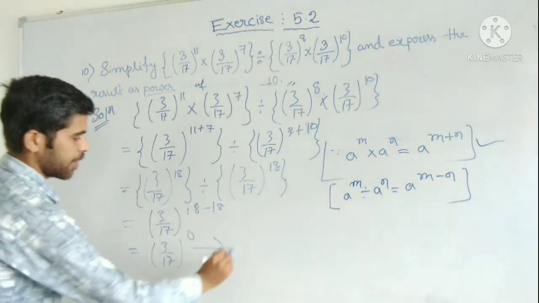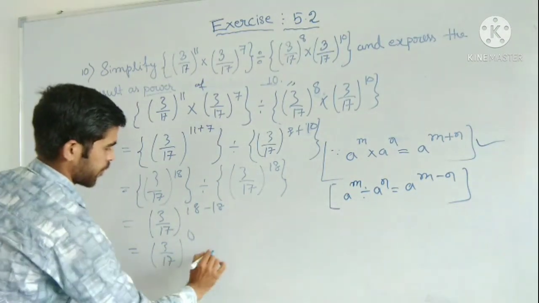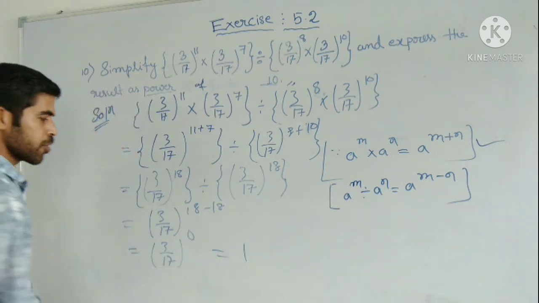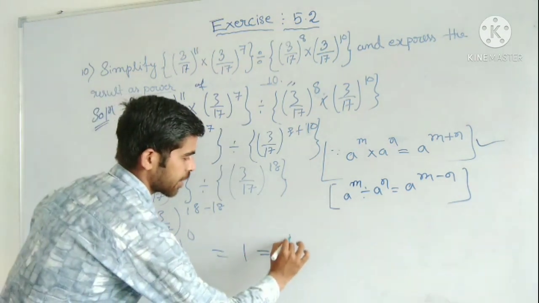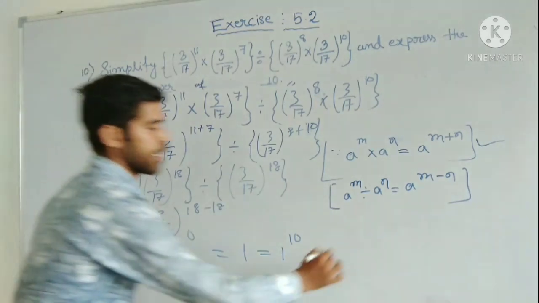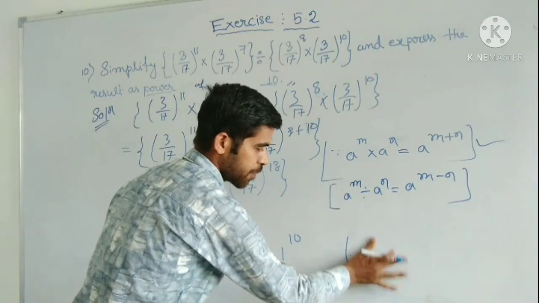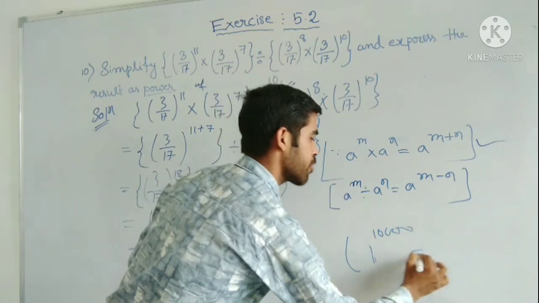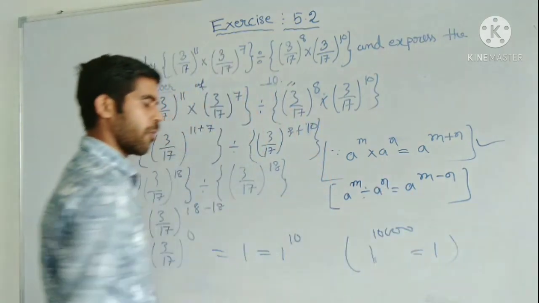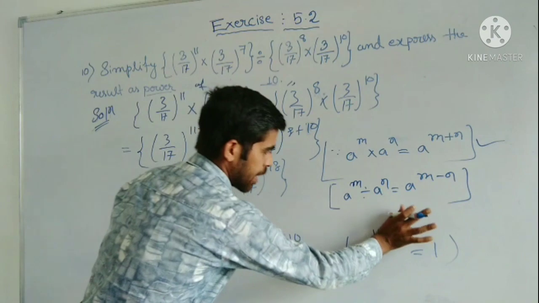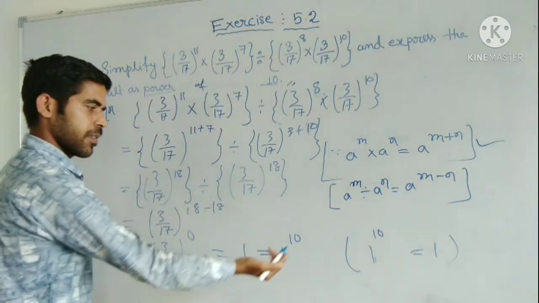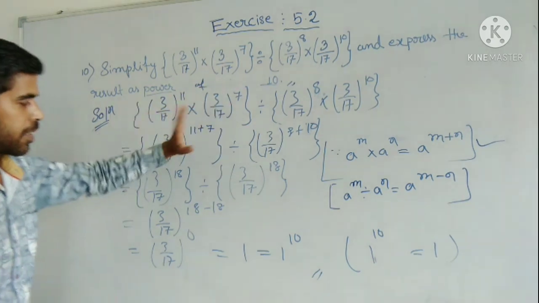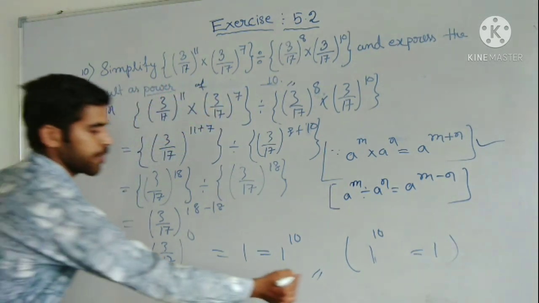So 3 by 17 to the power 0, so anything to the power 0, that means 1. So this 1 you can write like that, because if your base is 1, whatever power you write, your answer will always come 1. So that's why if I give power is 10, okay, because according to the question your result power will be 10.